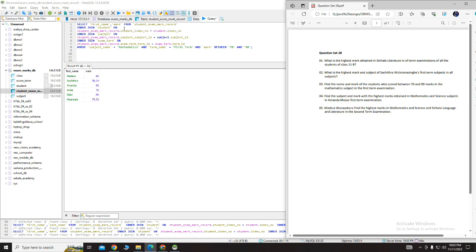I have said to find the first name only here, and we have inner joined the student exam mark record table with the student, subject and exam term tables by building up a relationship among their table columns, and finally providing the condition where the subject name should be mathematics, term name should be first term, and here we have been asked to find the marks between 70 and 90. So we have to use the between keyword. After executing this query, we get the following result.